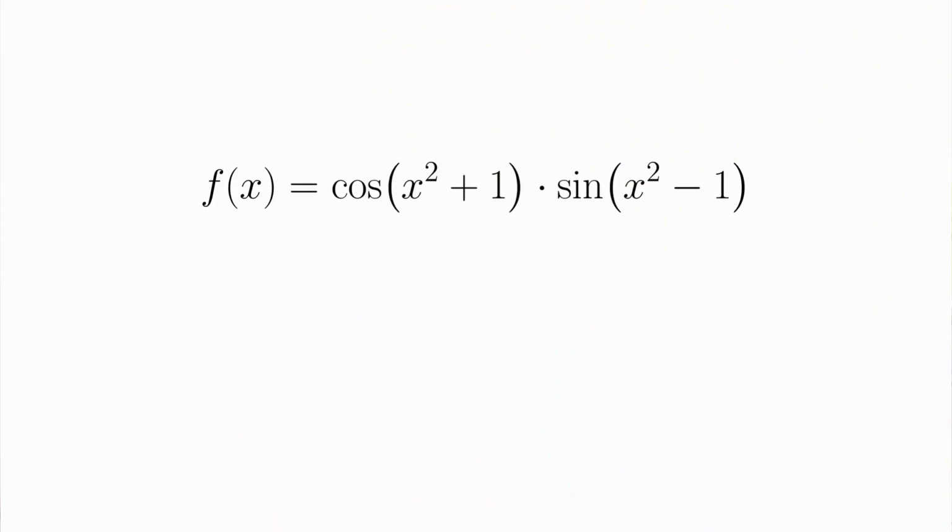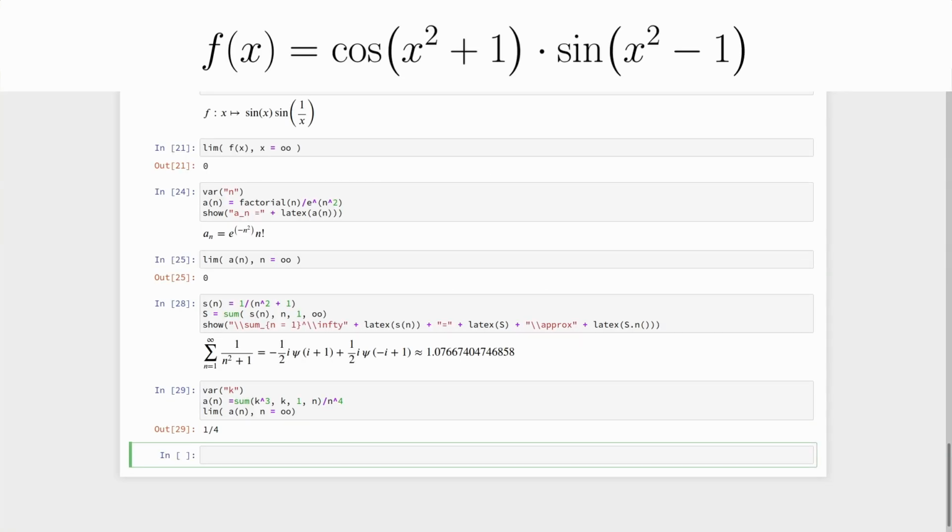So suppose that we have a function that looks like this: cosine of x squared plus 1 times sine of x squared minus 1, and we want to compute its derivative. We have already declared the variable x earlier, so we don't need to declare it again. Sage is already aware of this variable.